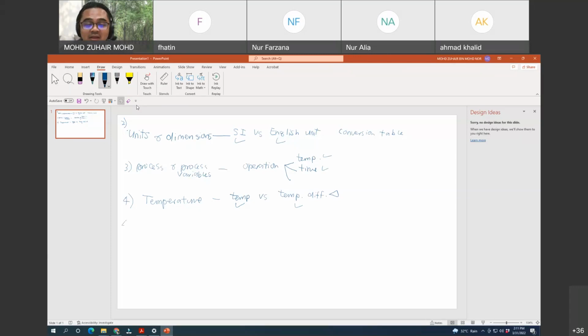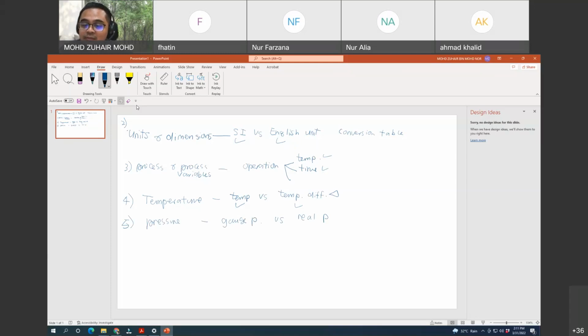Besides that, topic 5 is about pressure. Even for pressure, we have gauge pressure versus real pressure. What is the difference between gauge and real pressure?